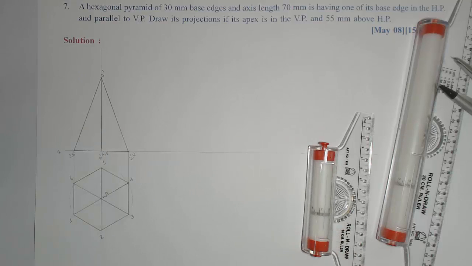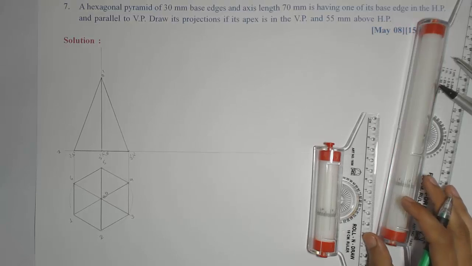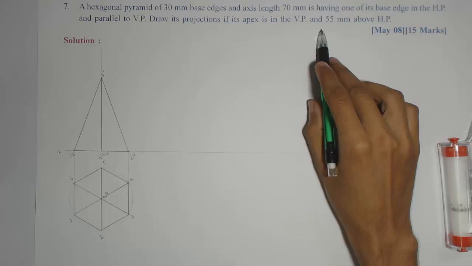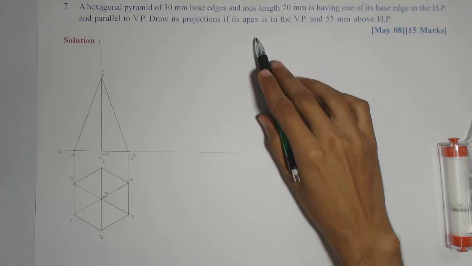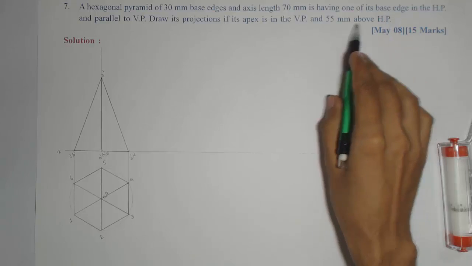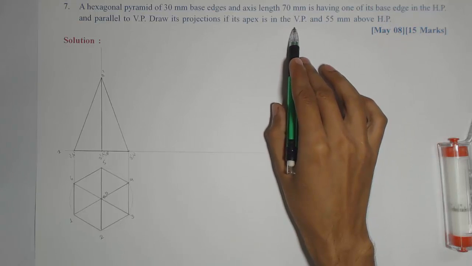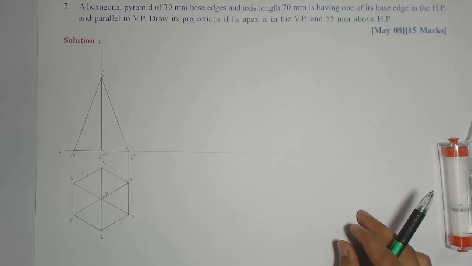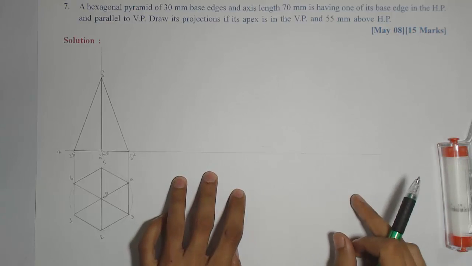Now in the second stage, we need the condition with the HP, which is given: the apex is in the VP and 55 mm above the HP. The condition given with respect to VP will be used in the third stage while redrawing the top view from the second stage.